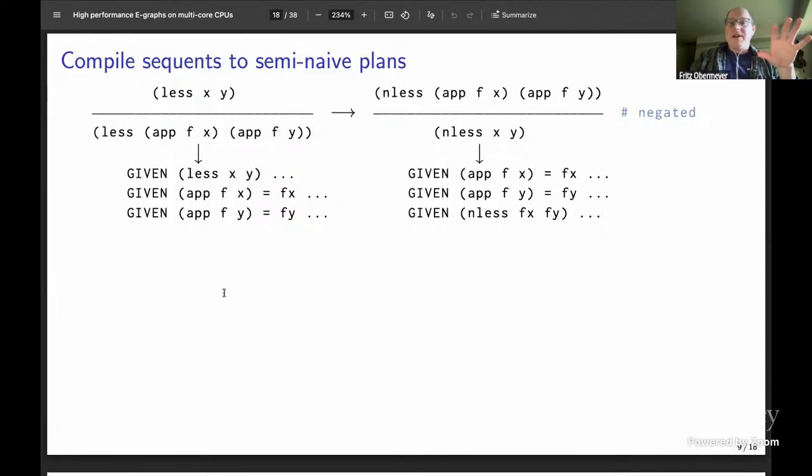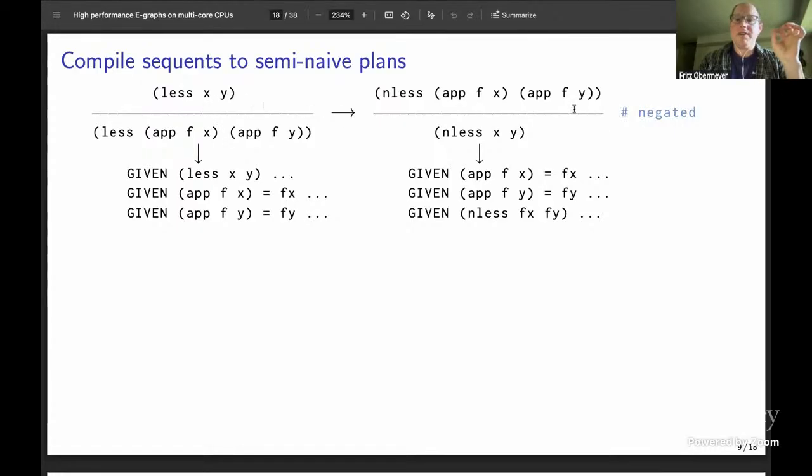Okay, so now that I've described the data layout, let me run through some examples of what the compiler does and how it compiles these sequent rules down to semi-naive query plans. So let's start with an example of this less rule. This is one sequent. It's the less monotonicity rule, right?